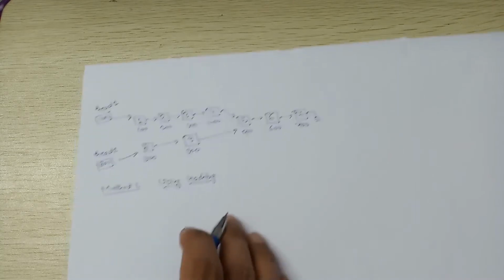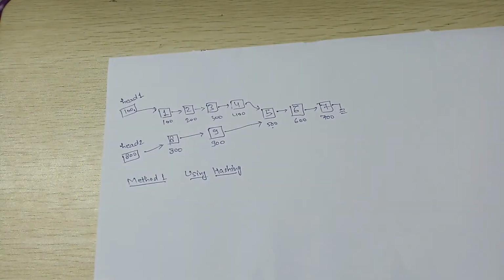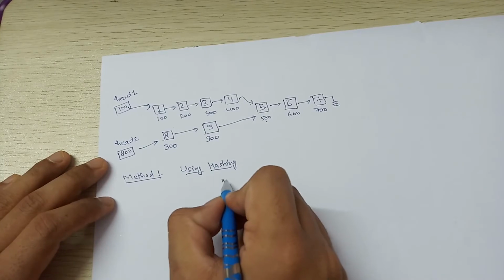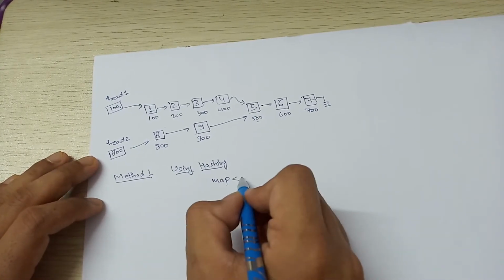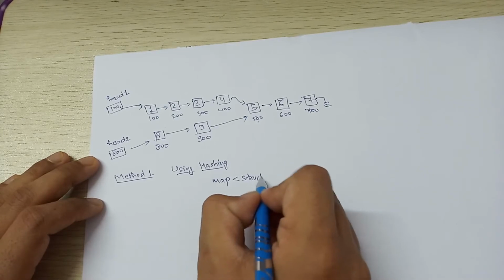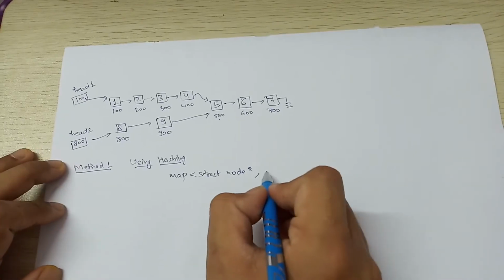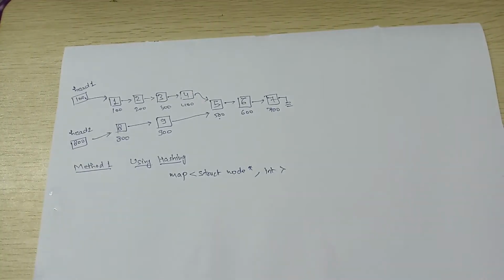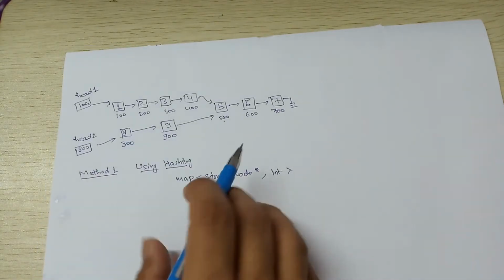Let's see a quick code that will give you a clearer idea about the solution. We are going to define a map, which is in the standard library of C++. A hash map is a data structure which holds key-value pairs.